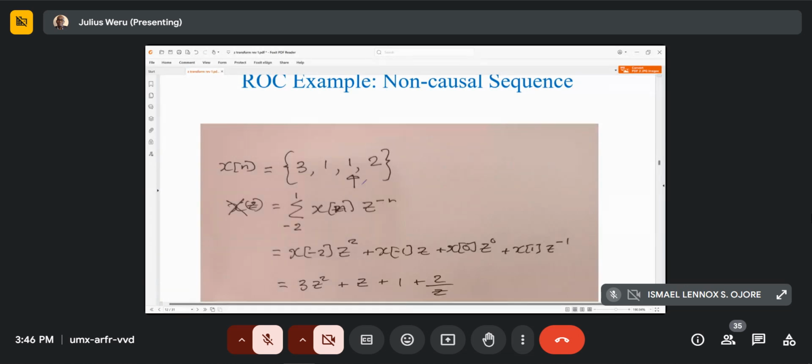Non-causal is just what we talked about when we discussed the properties of the ROC of the Z transform. This is non-causal. It has samples on the right side and on the left side. So this goes from minus 2 to 1, x[n] z to the minus n.